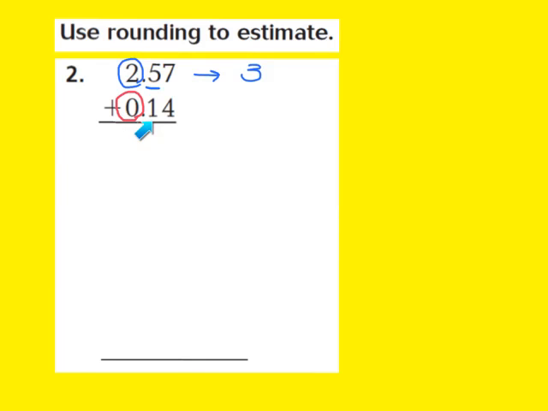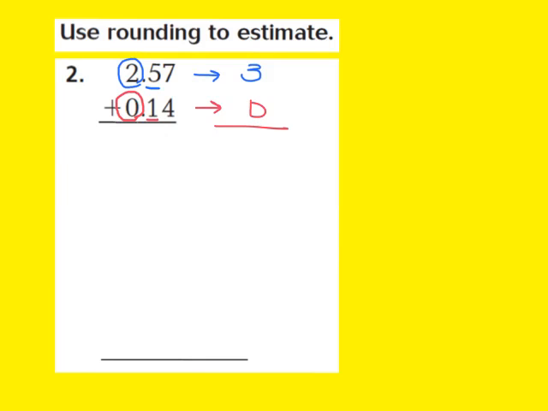That number is a 1. So I'm going to go ahead and underline my 1. Now, what I know is, I know that a 1 is less than 5. And if a 1 is less than 5, that means that my 0 will stay the same. So 14/100 rounds to the whole number 0.